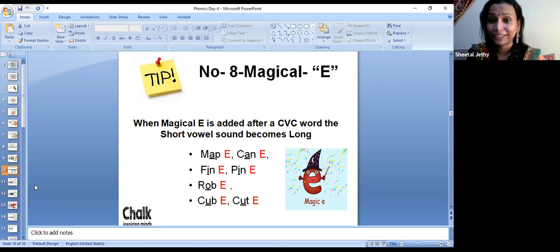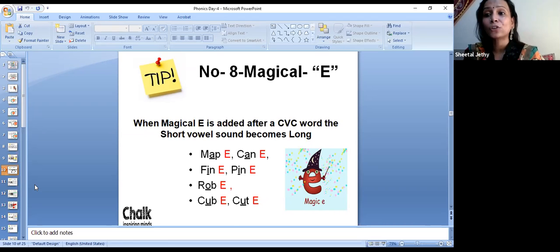But when a magical E is added at the end of the CVC word, the vowel in the middle becomes long, right? So can, in the middle, but when you put E at the end, that becomes cane.